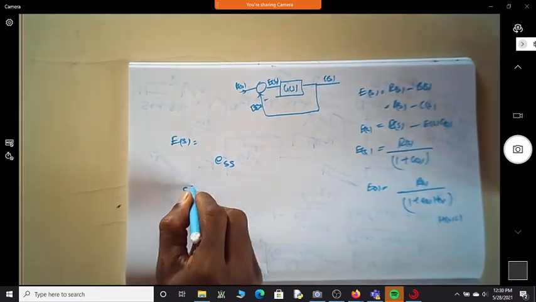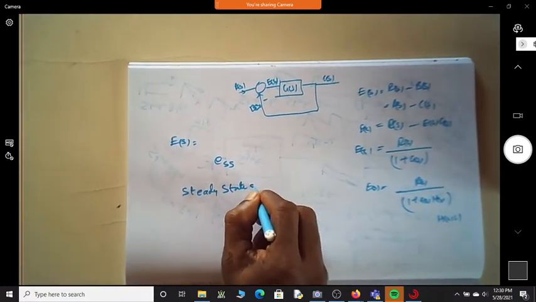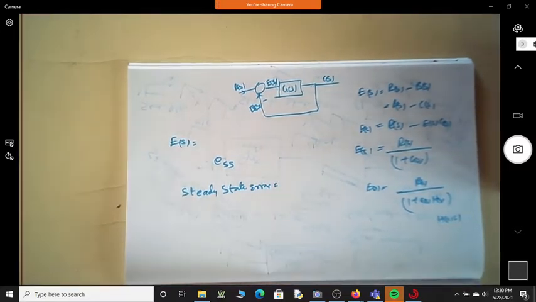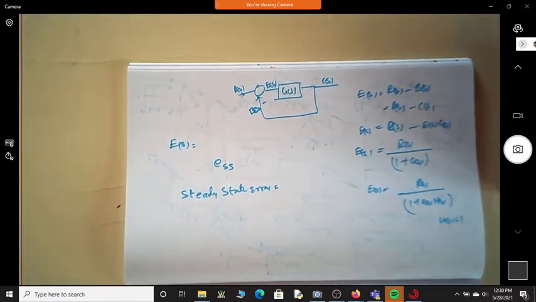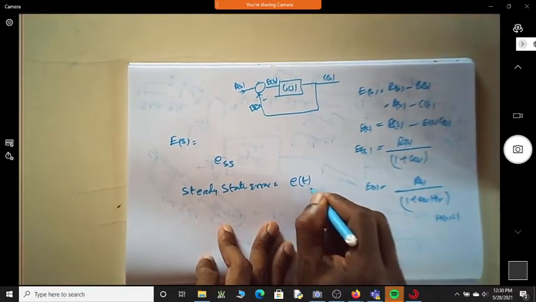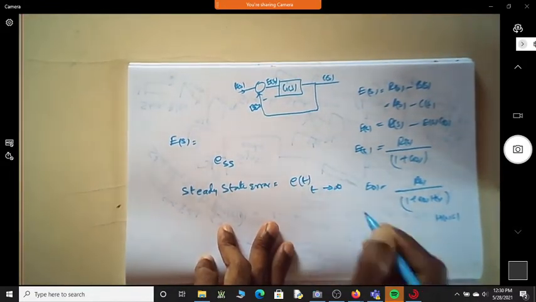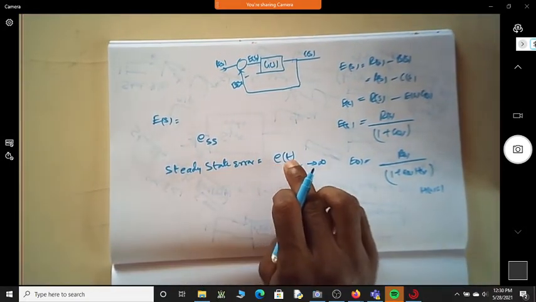We shall define one parameter. What is ESS? ESS stands for steady state error. Shall I define steady state error as equal to E of t as t tending to infinity? What is E of t? E of t is the error signal.